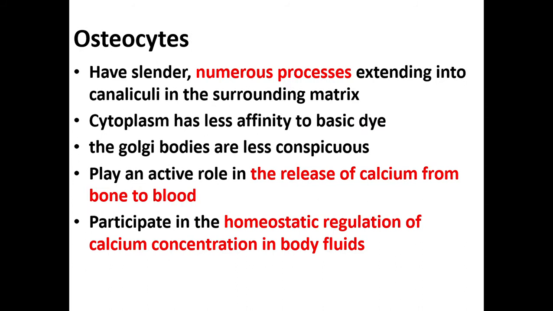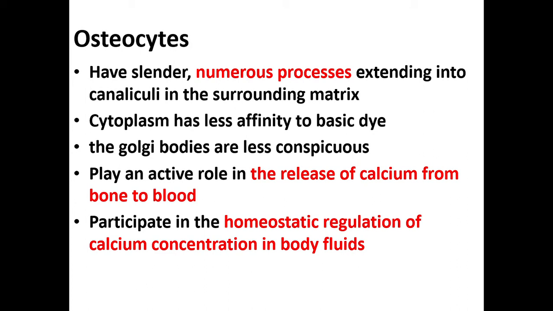The osteocytes have slender, numerous processes extending into the canaliculi in the surrounding matrix. We'll go into this when we reach the cross-section of the bone. Comparing to the osteoblast, the cytoplasm of the osteocyte is less blue in color because it has less affinity to basic dye, and the Golgi bodies are less conspicuous.